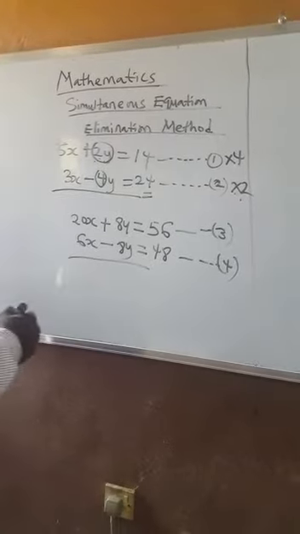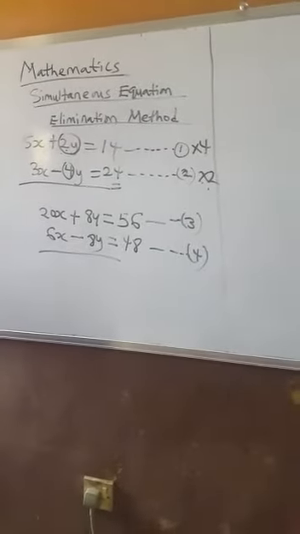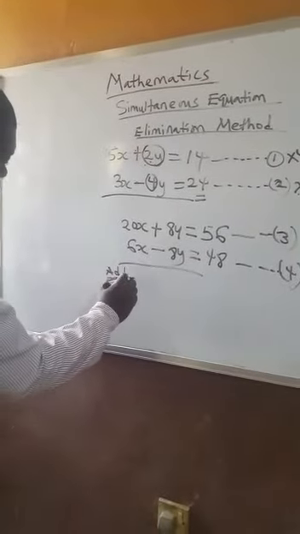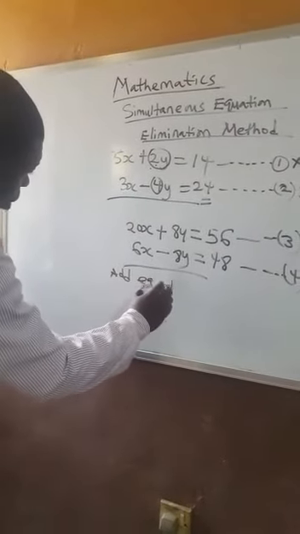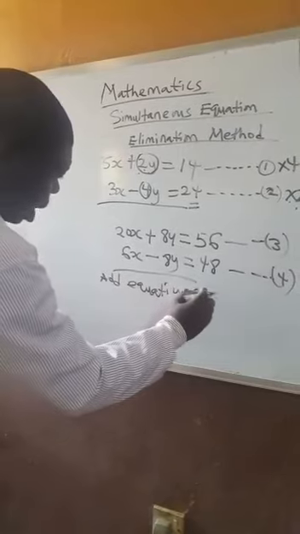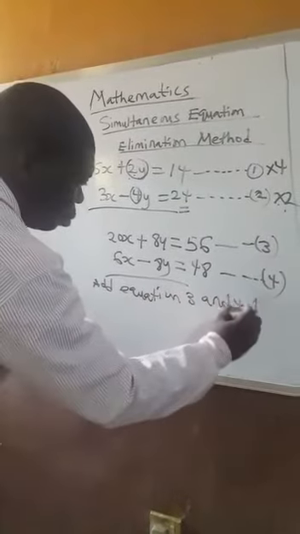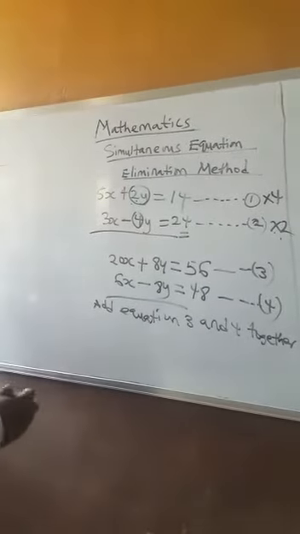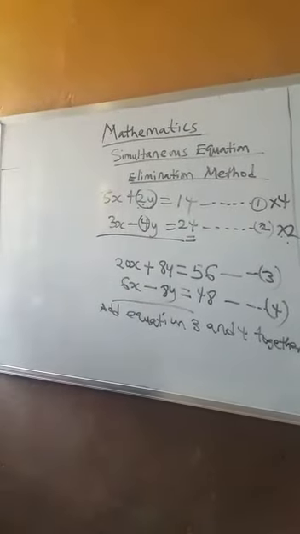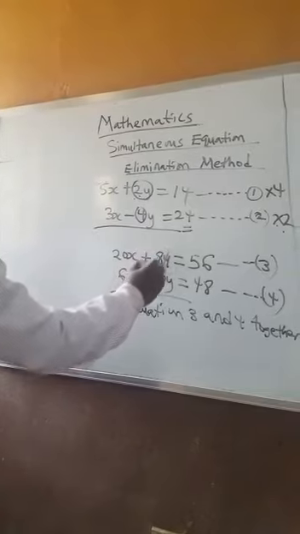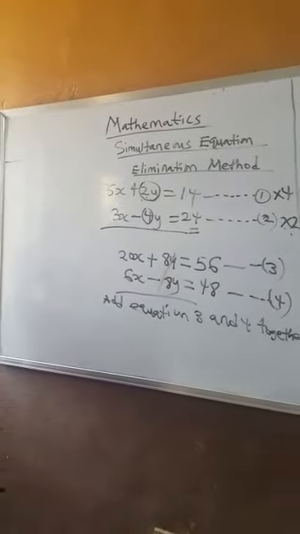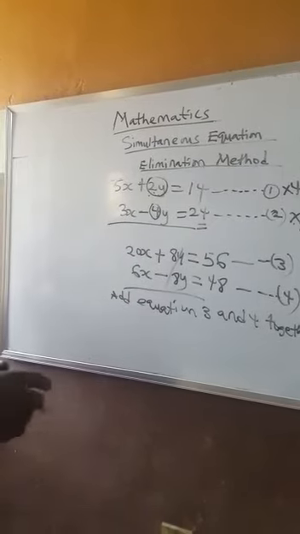Now, you say, add equation 3 and 4 together. What do I say? Add equation 3 and 4 together. Now in adding this, the y terms cancel out because 8y plus minus 8y gives zero.